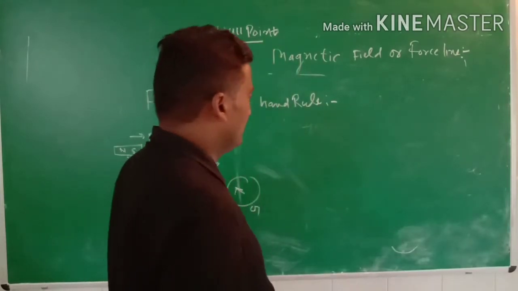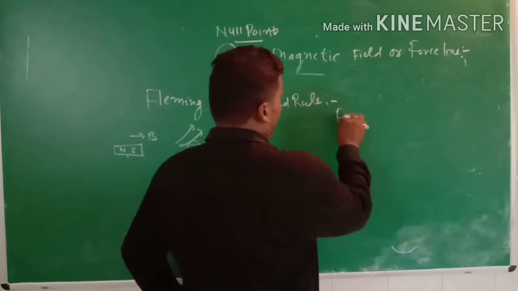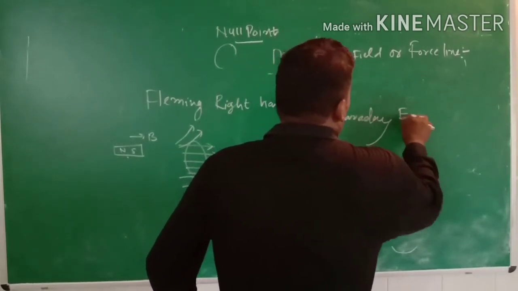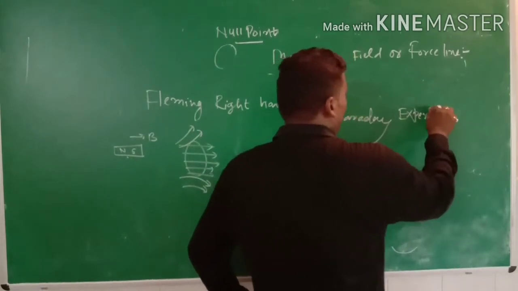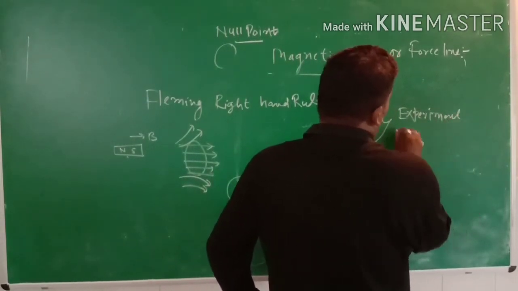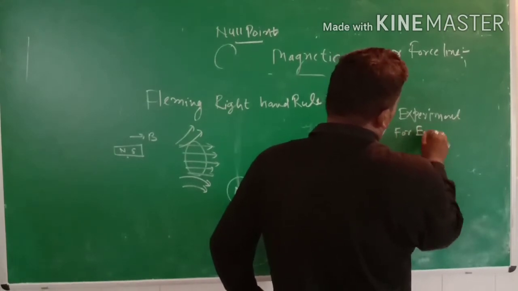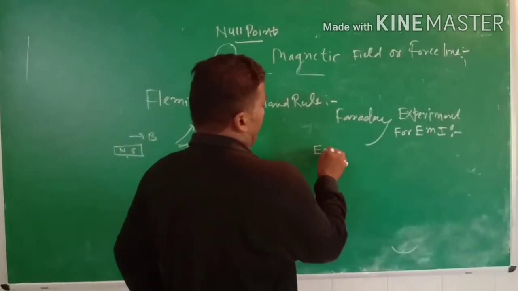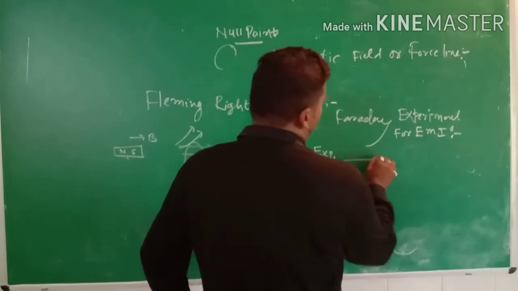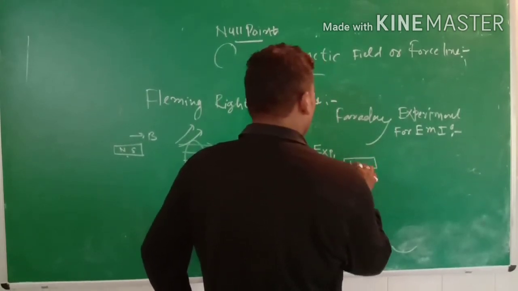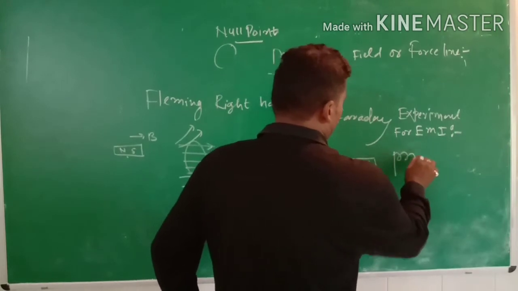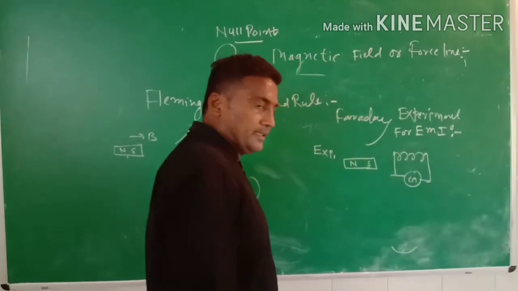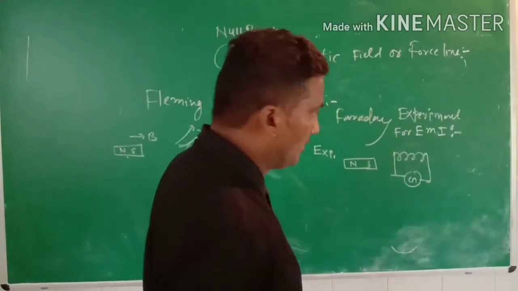Now Faraday's experiment for EMI, electromagnetic induction. First, in experiment number 1, a bar magnet is placed at some distance from the circuit, and the galvanometer is also connected. When the bar magnet is at some distance, we observe no deflection.